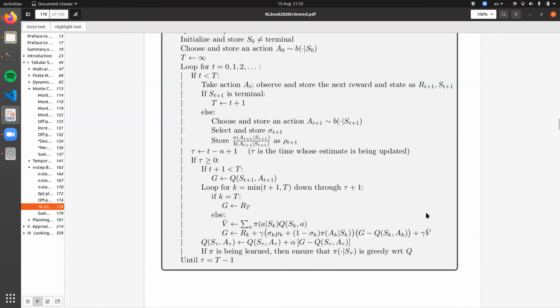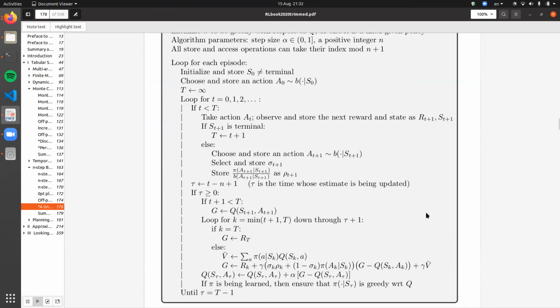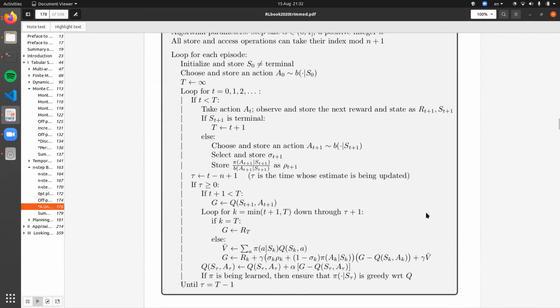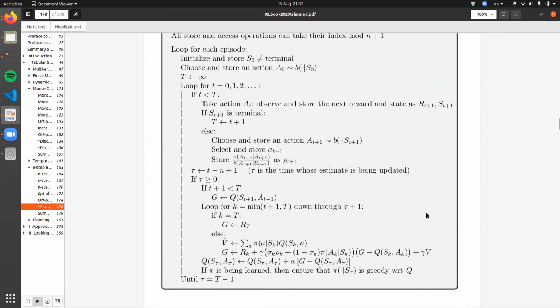Okay, and you can see that although this is much more flexible and expressive, it also requires more memory and more compute. So there is a certain trade-off between expressiveness and algorithmic complexity here.